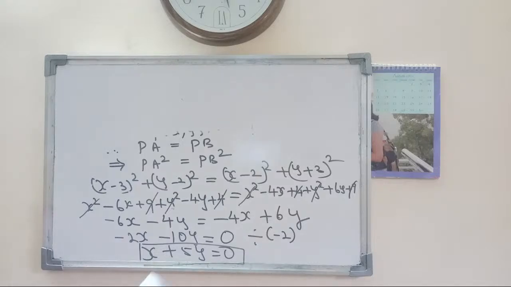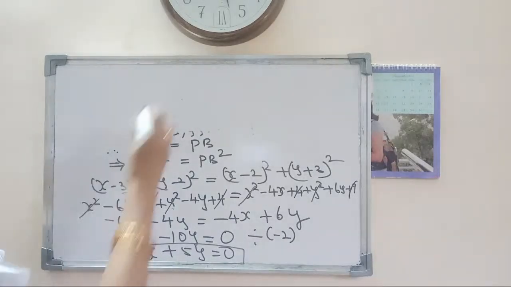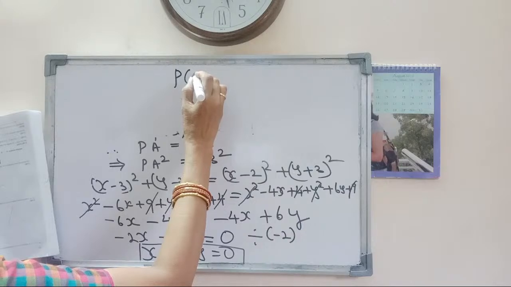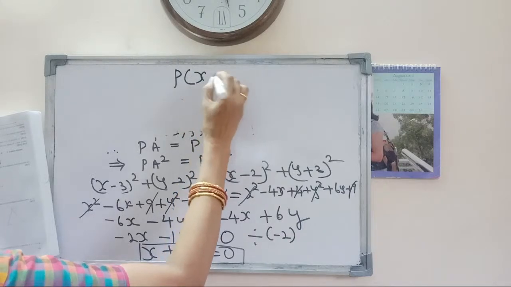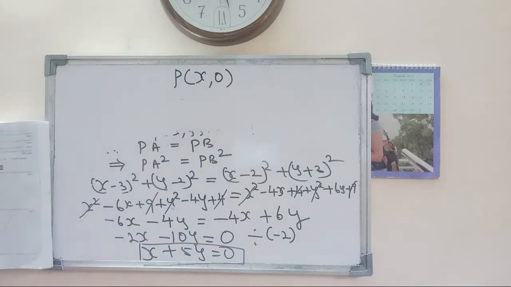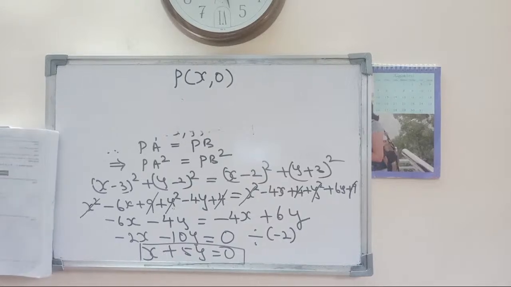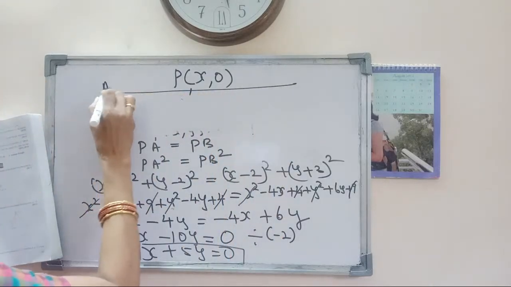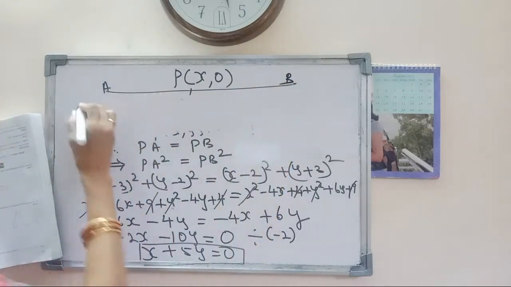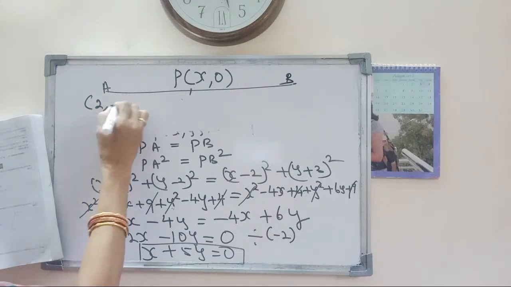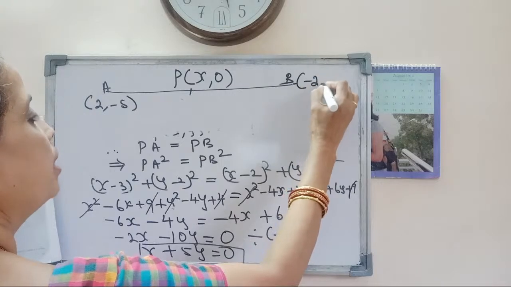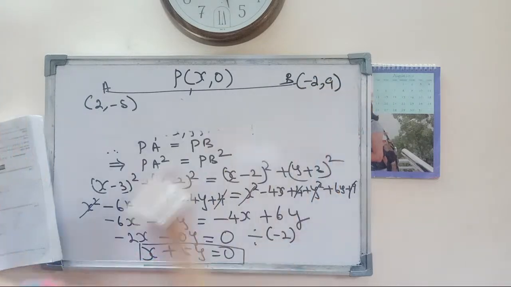Find the coordinates of the point on the x-axis. Point on the x-axis is (x, 0). Find the coordinates of the point on the x-axis which is equidistant from A (2, -5) and B (-2, 9).